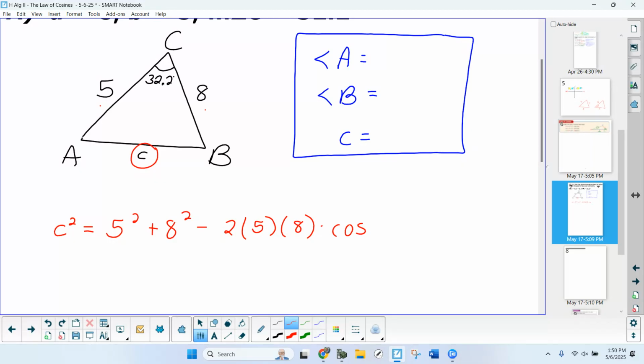What's the included angle? So is everybody okay with how I set that up? C squared is equal to 5 squared plus 8 squared minus 2 times 5 times 8 times the cosine of the included angle. Need your calculators, get those out.